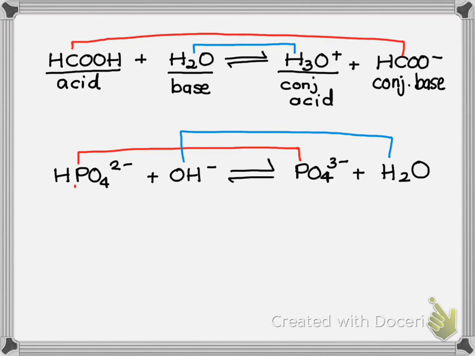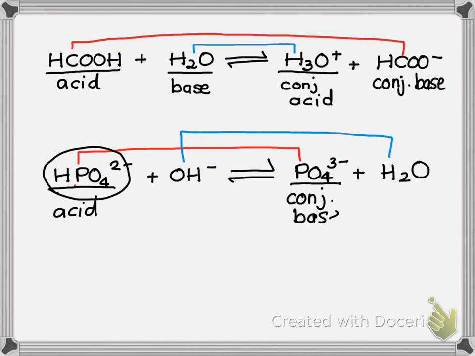Now I'm going to look at which is the acid and which is the base. I know acids donate a proton and bases accept it. So I look at this one and compare it to this one. What's happened? This one donated an H, so this is my acid, and the thing that it forms when it donates its H plus is the conjugate base.